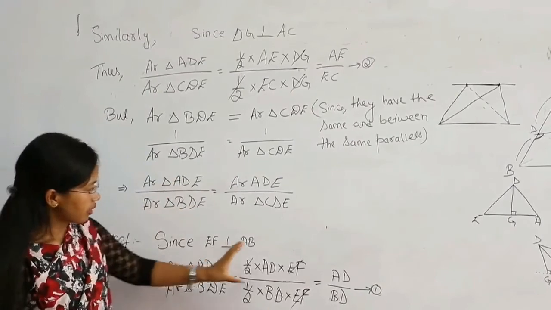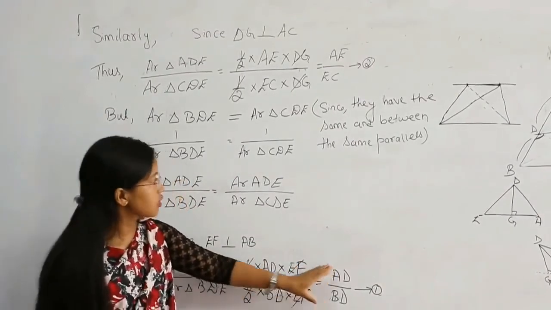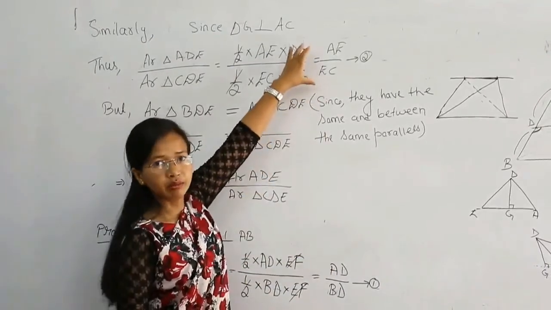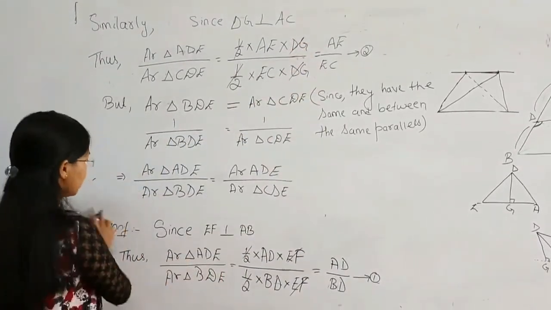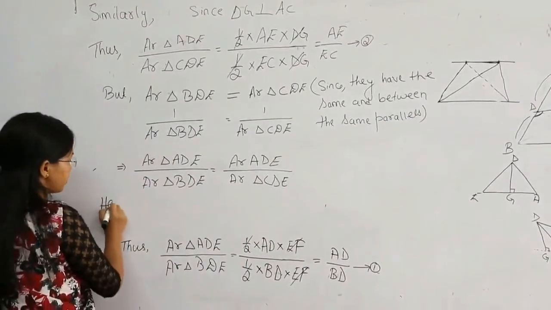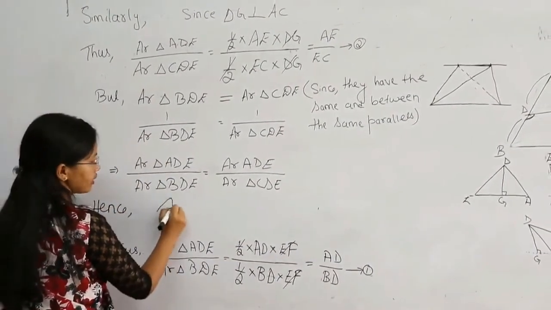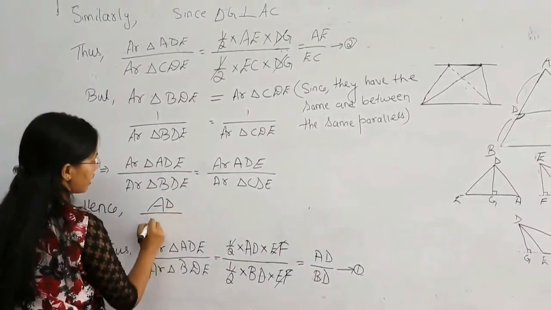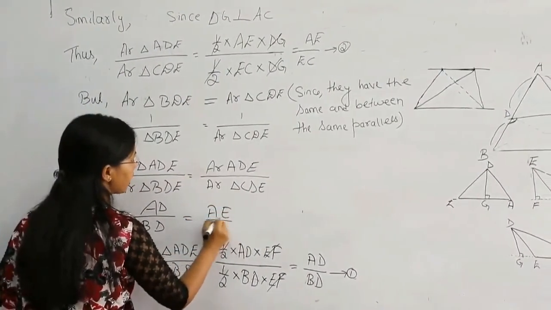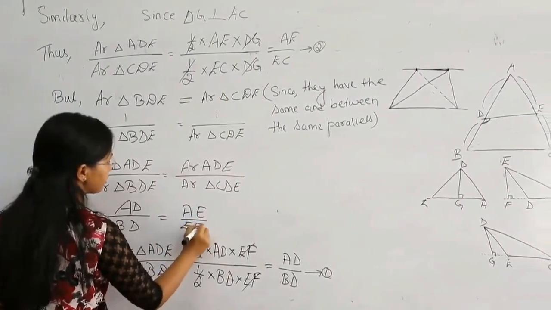So it means that AD by DB is equal to AE by EC. Here we have the proof of the theorem. Hence, we get that AD by BD is equal to AE by EC.